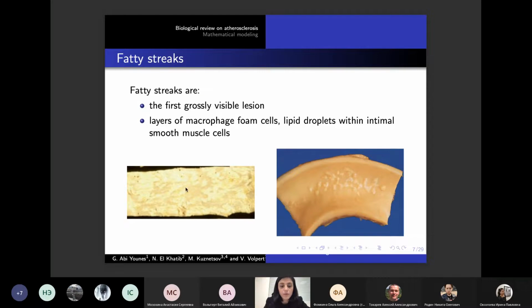If you look at these figures, these are cross-sections of an artery. You can see the yellow patches or spots over the arterial wall. These are the fatty streaks. We can notice that their distribution is not homogeneous. However, in this figure, their distribution is nearly periodic, if you look at this section here.